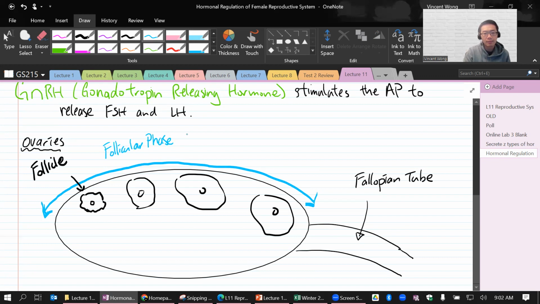This is days 1 to 14. Again, I'm just going with 28 days as an example. So what's happening during the follicular phase? The follicle develops, and the egg matures.